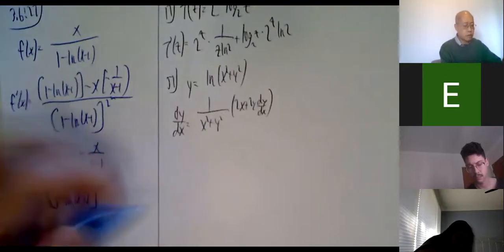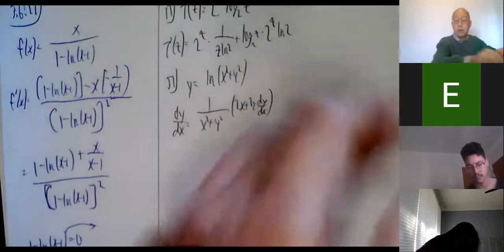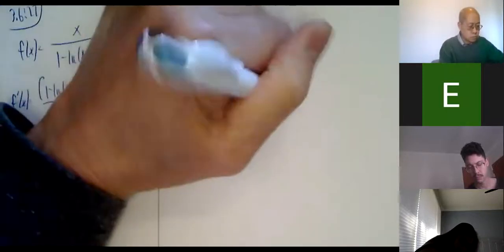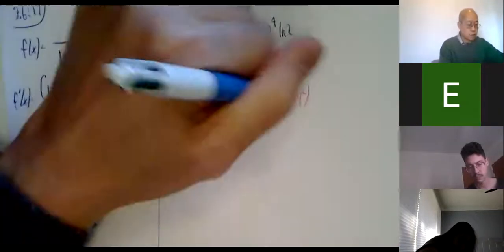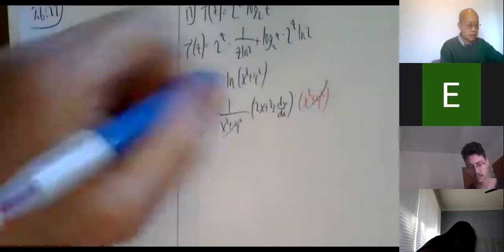Multiply both sides by x squared plus y squared. So these cancel out. Just make it look nicer.